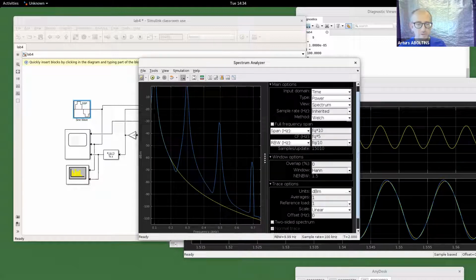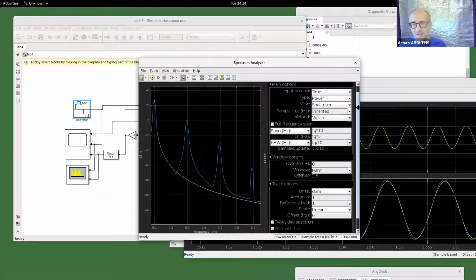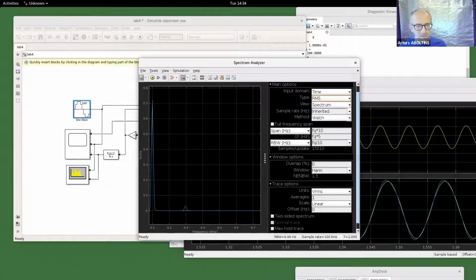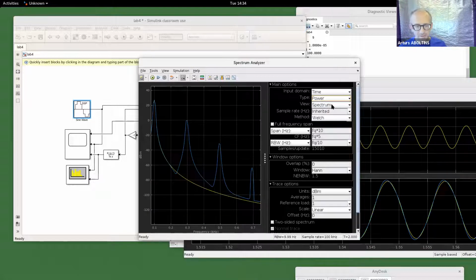But this is a logarithmic scale. If you look at the linear scale, like for example RMS here, you see those harmonics are tiny. They are like 20 times smaller than the main component. But in the logarithmic scale, they are noticeable.